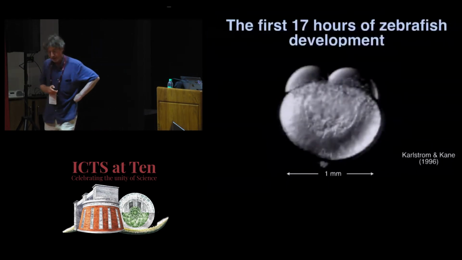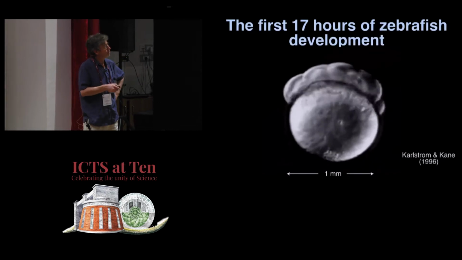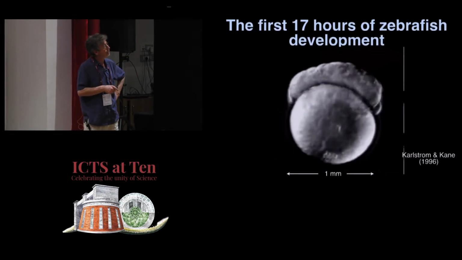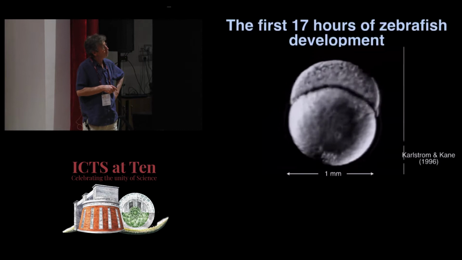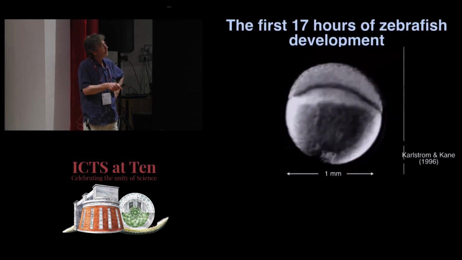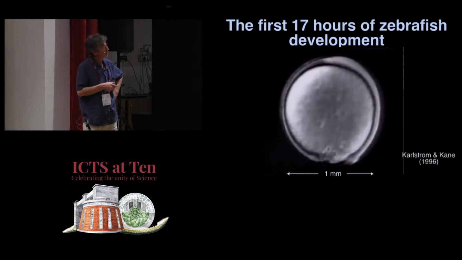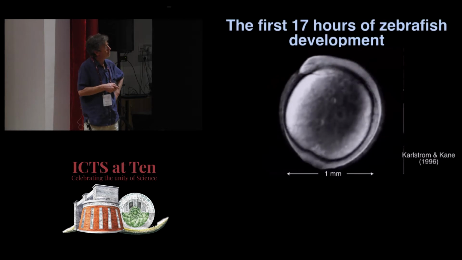Okay. I just want to give you a couple of examples of this beautiful morphogenesis in biology. This is the first 17 hours of development of a zebrafish, and what you can see is these cleavage divisions that start from 2 cells here and go to roughly 1 million cells.